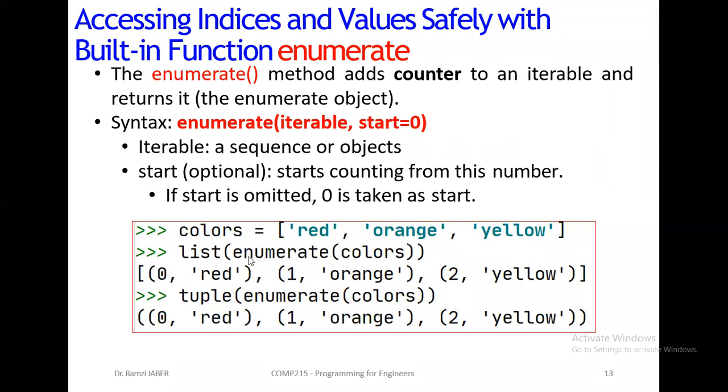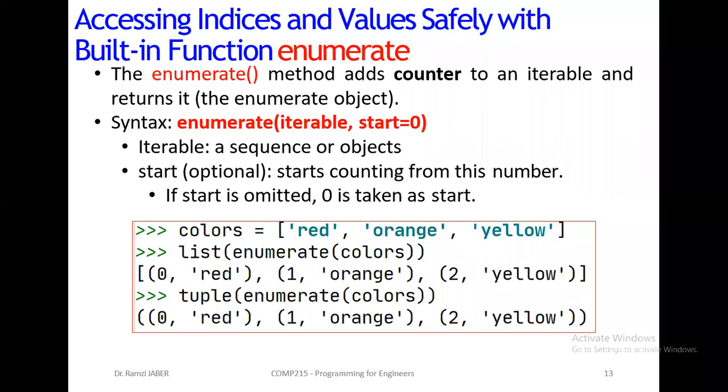When we execute enumerate(colors), the output will be (0, red). The output is always a tuple. So the tuple will be index 0, red. The tuple contains 2 elements: 0, red. The second element will be 1, orange. The third element will be 2, yellow. When we execute it inside the list function, the output will be 3 tuples inside one list.